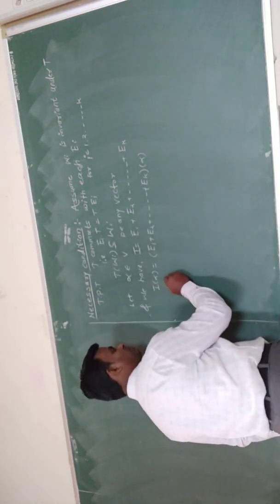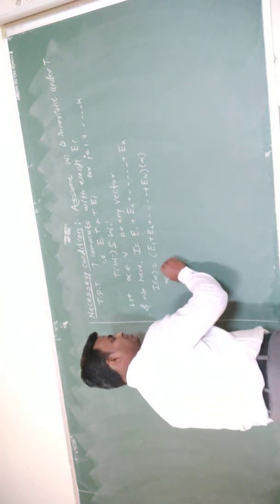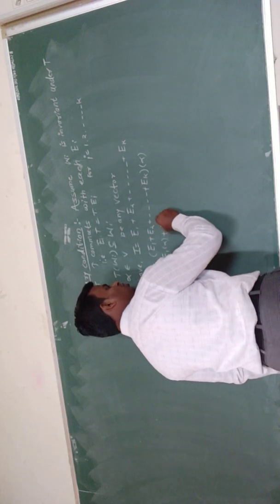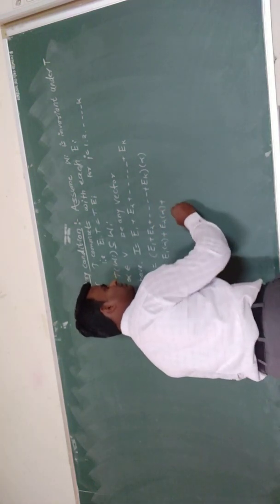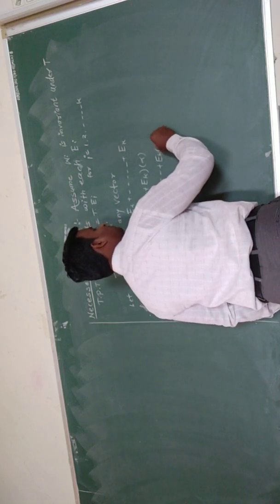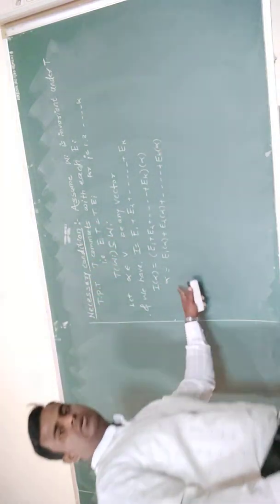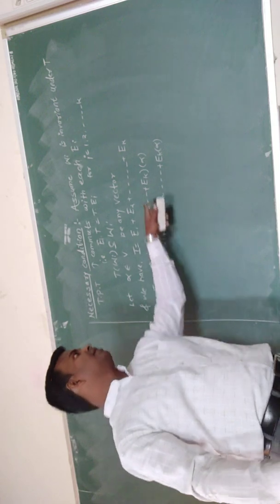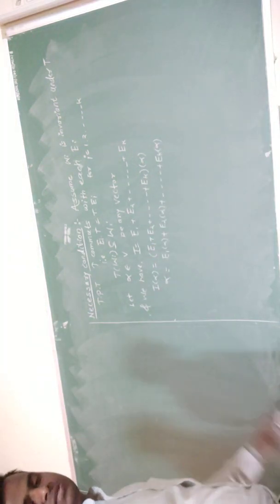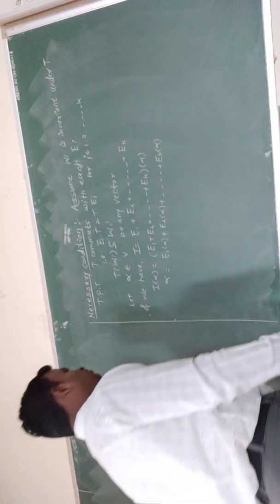So I of alpha is equal to alpha, which is equal to E_1 of alpha plus E_2 of alpha plus up to E_k of alpha.